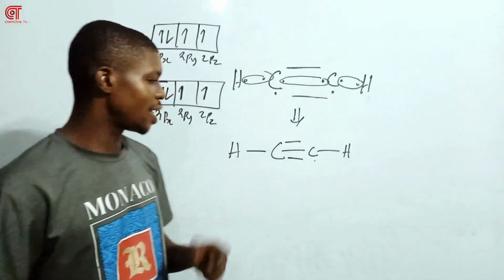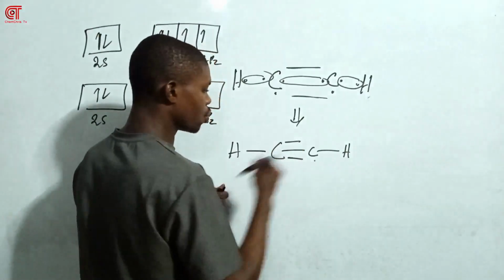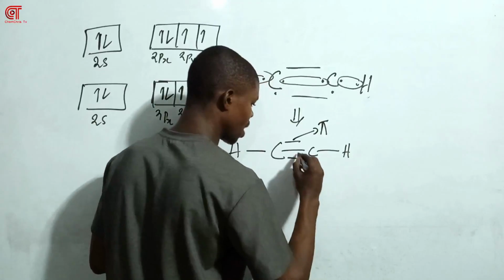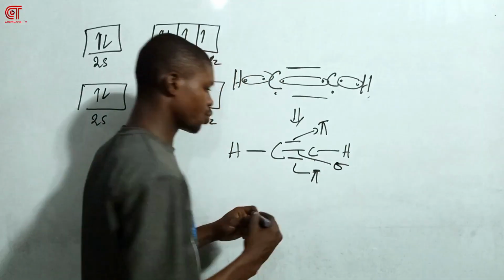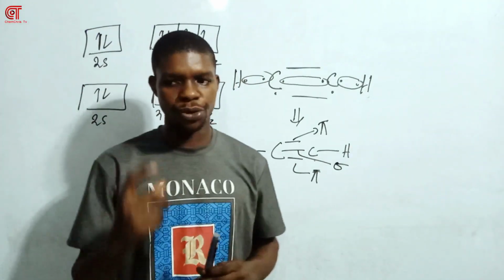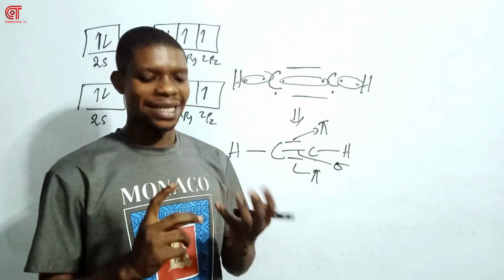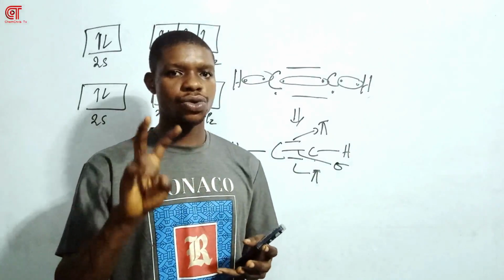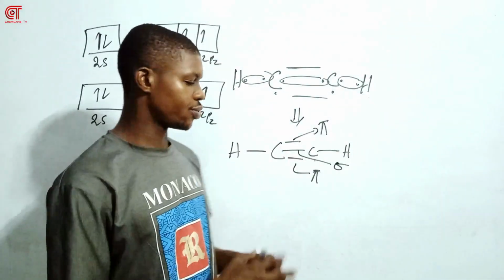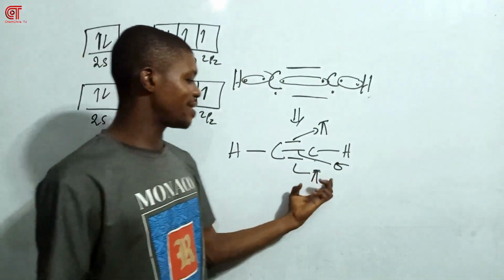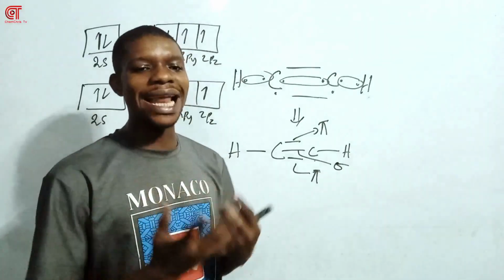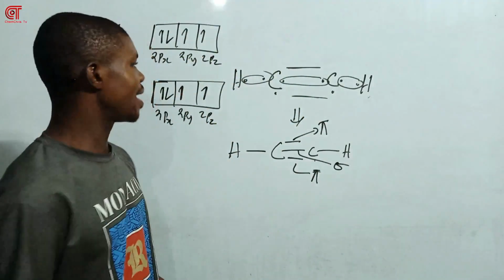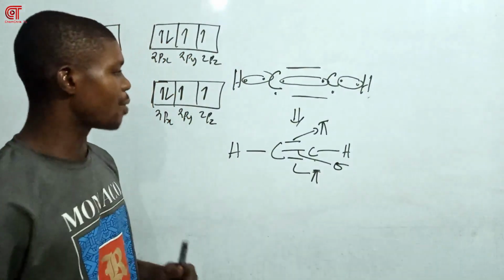Whenever you see a triple bond, what you want to keep in mind is that the triple bond contains one sigma bond and two pi bonds. The pi bonds are called temporary bonds, so they can easily be broken. You get that?